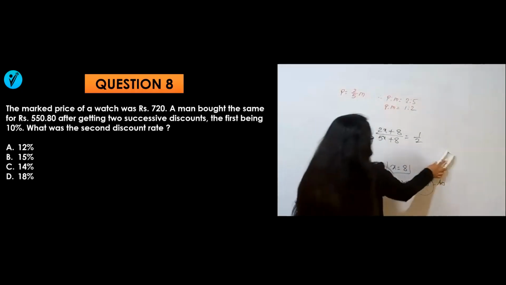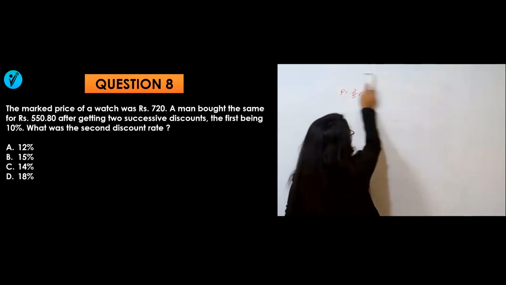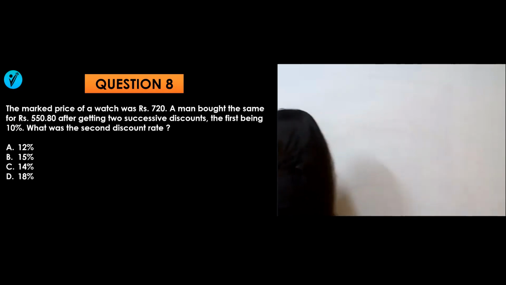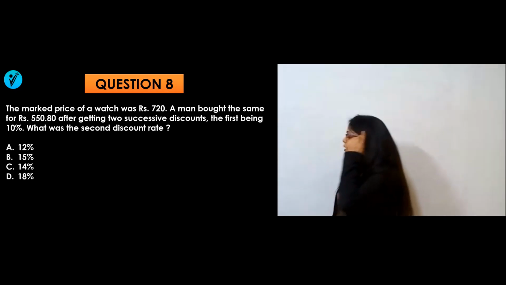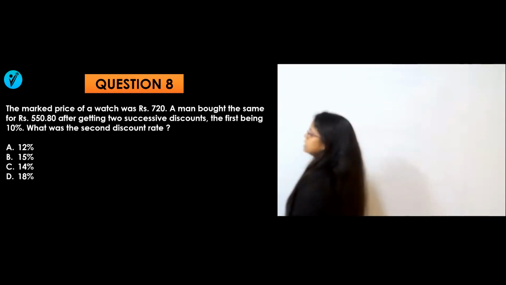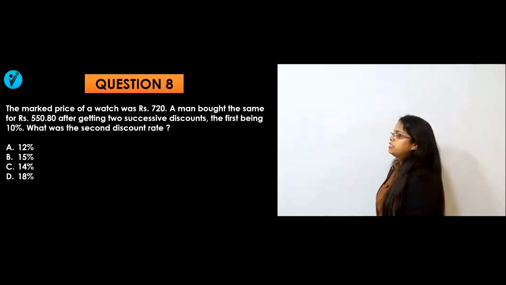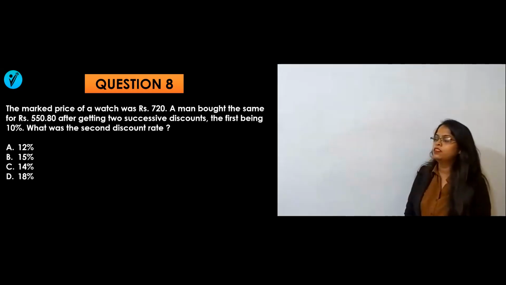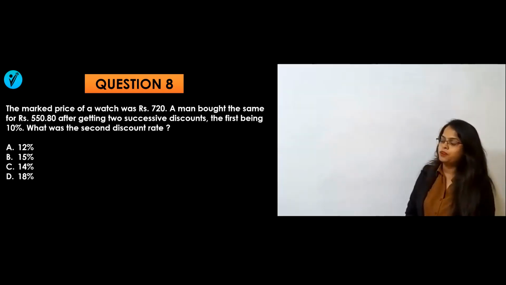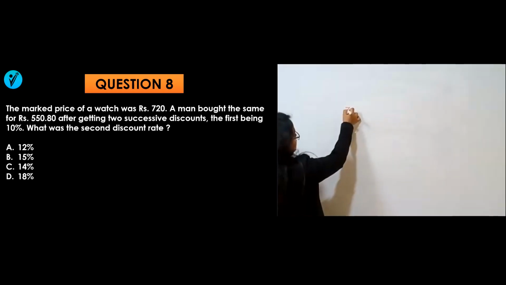Question number 8 is here. The marked price of a watch was 720 rupees. A man bought the same for 550.80 rupees after getting two successive discounts, the first being 10%. What is the second discount? Now what we know is that the marked price is 720.